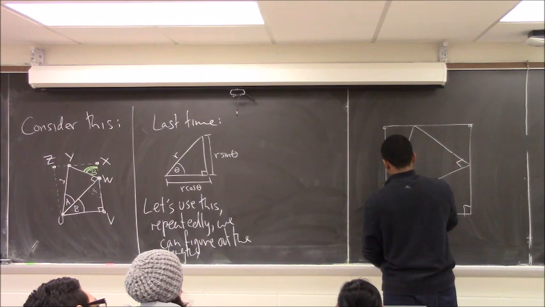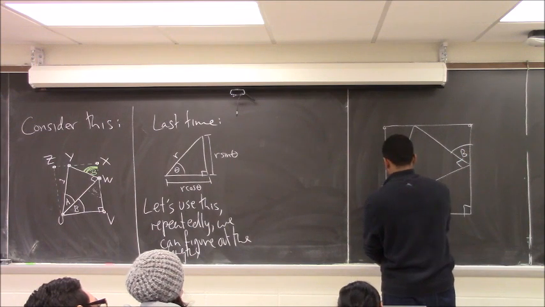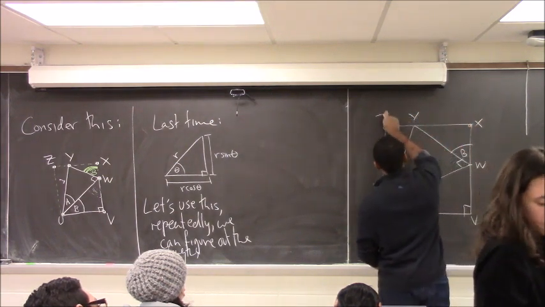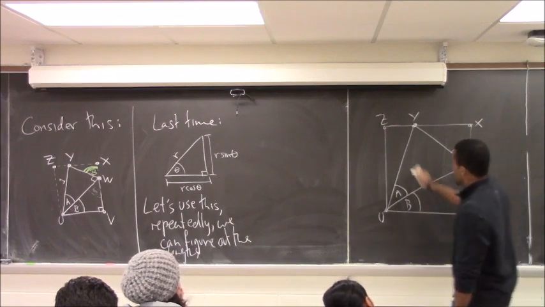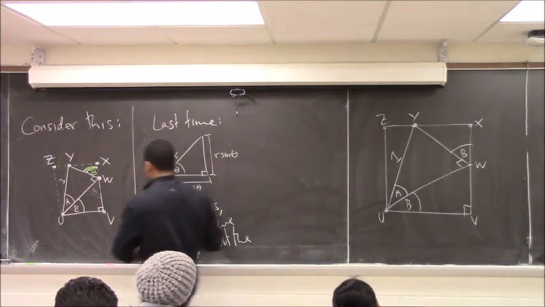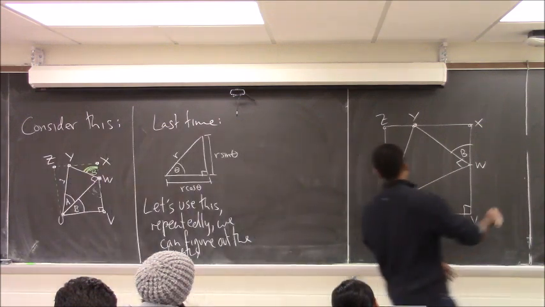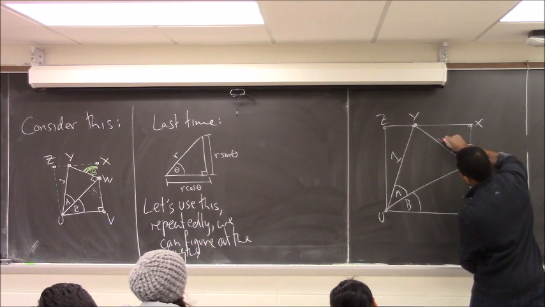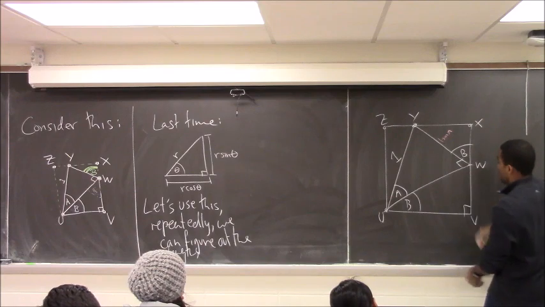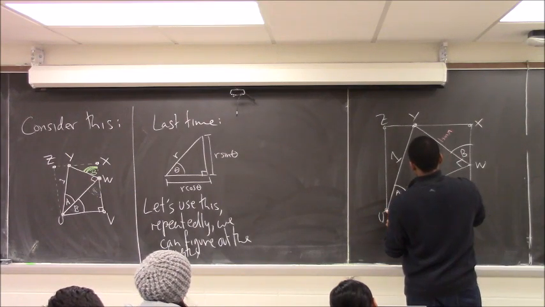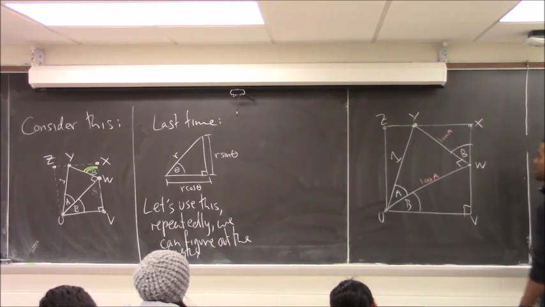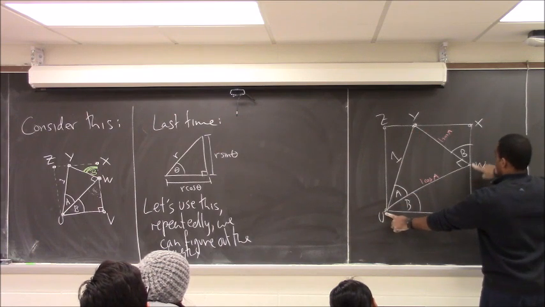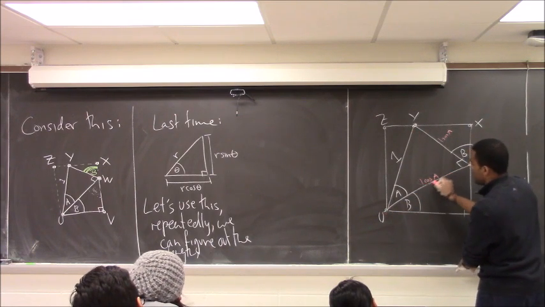This is B, this is A, this is B. Okay, if this is 1, then using this idea, imagining this right triangle here, this length must be 1 times the sine of A. This length here must be 1 times the cosine of A.